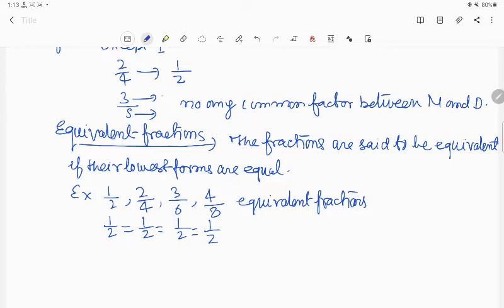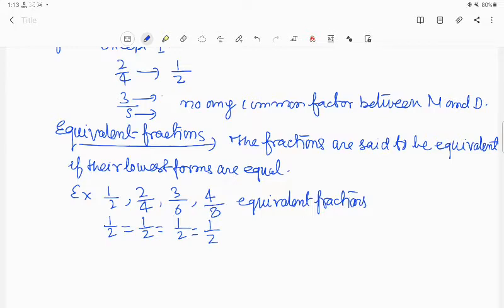Now you already know how to compare fractions, how to subtract fractions, how to convert improper fraction into mixed fraction, and how to write the equivalent fraction of the given fraction. So first I tell how to add and subtract. When you are adding or subtracting fractions, first you change the given fractions into like fractions.